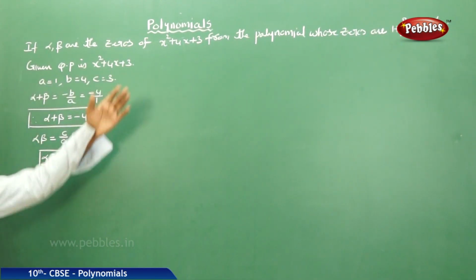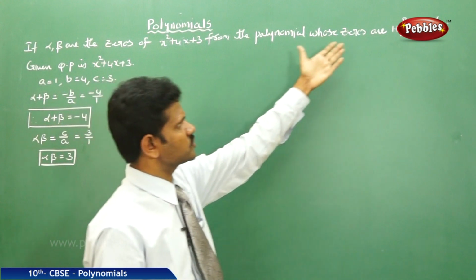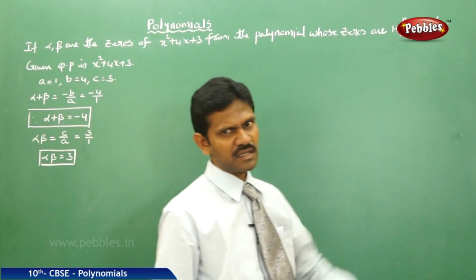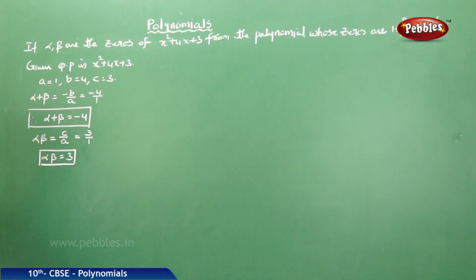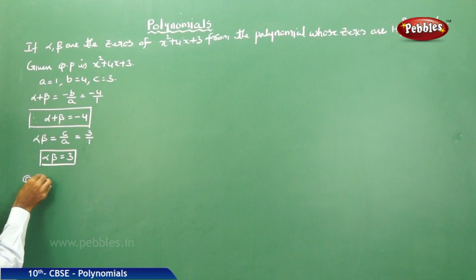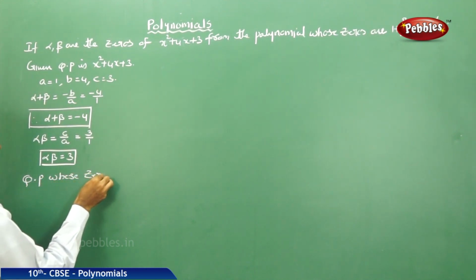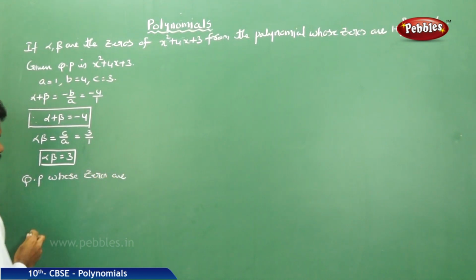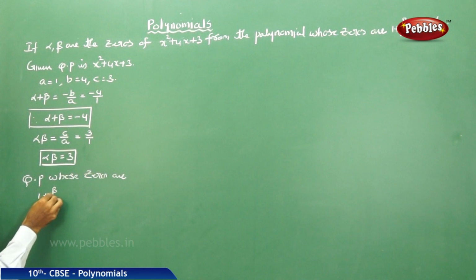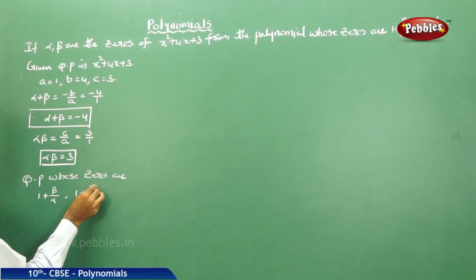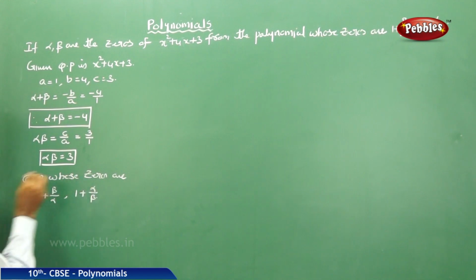Now I have to find the quadratic polynomial whose zeros are 1 plus beta by alpha, 1 plus alpha by beta. Okay, let us see the quadratic polynomial whose zeros are 1 plus beta by alpha comma 1 plus alpha by beta.